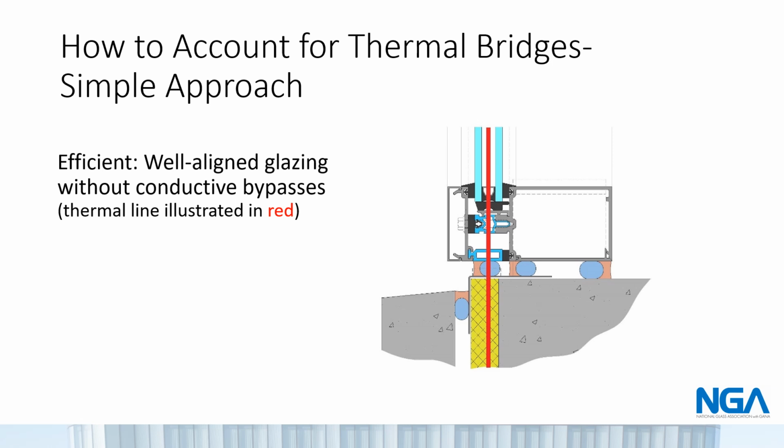For fenestration assemblies, whether a punched opening window or a curtain wall, the concept of a thermal line leads to this ideal scenario of alignment of the insulating glass units, thermal breaks within the frame, and insulation and surrounding construction without any significant bypasses.